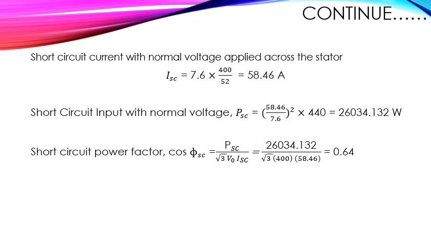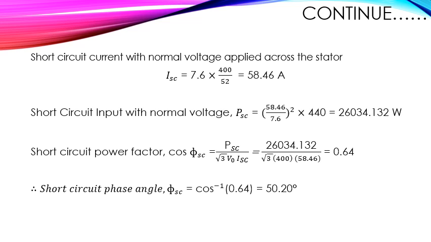Then short circuit power factor, cos phi SC, equals PSC by root 3 V0 ISC. So just put the values and we get the short circuit power factor as 0.64. Then for the short circuit phase angle, take the cos inverse of 0.64. Then we get the short circuit phase angle as 50.20 degree.